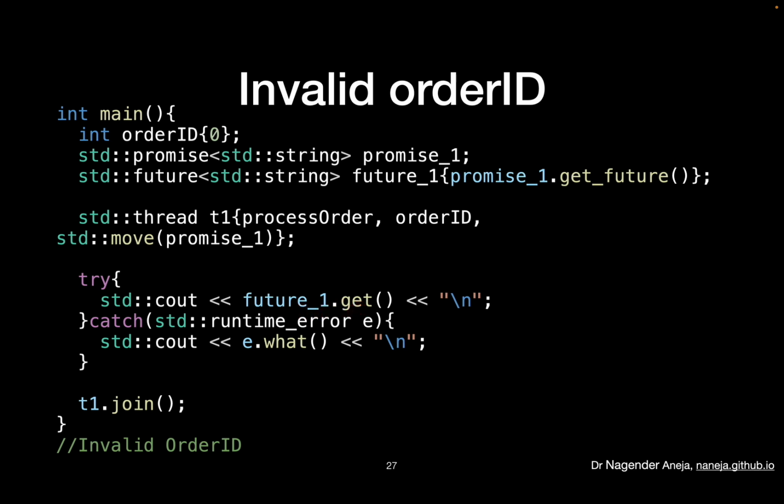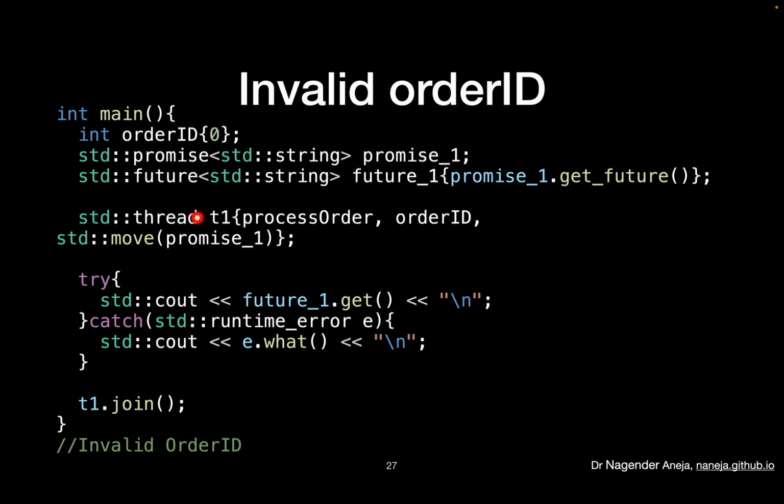So if it's a vector of threads, then what we do is we create a number of promises and futures, and then we will create a vector of threads, vector of promises, vector of futures, and then from that vector we'll link those promises and futures, and then we'll pass one of their promises. If we are creating T1, then we'll say promise 1. If we are creating T2, then promise 2, because promise 2 is linked with, automatically we'll get, future 2.